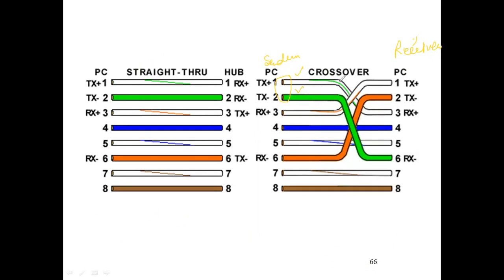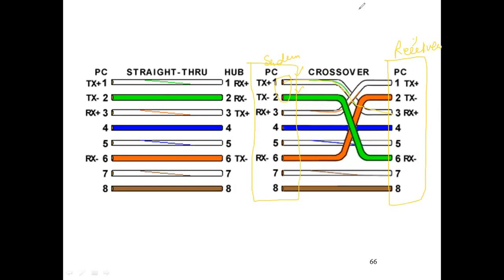So what we will do, we will make a crossover over here, right? So this will be going to the RX of that device at pin number 3, right? As I told you, TX and RX are in the same position in the same devices. You can see how it is. So this is the receiving side. This is the sending side.